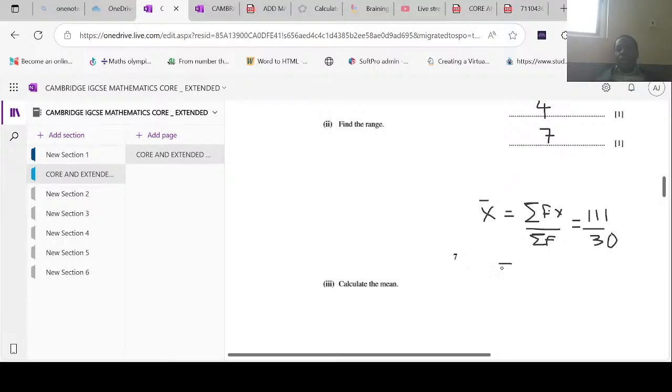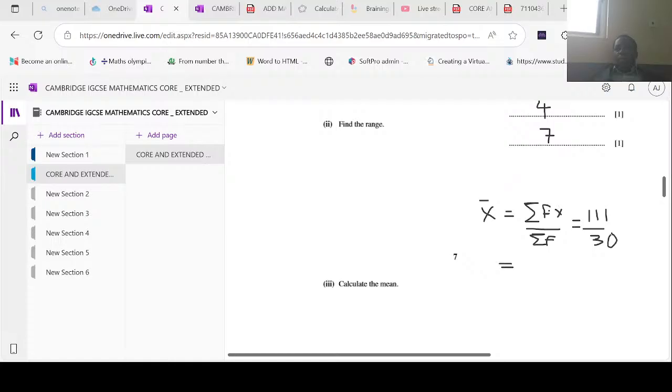So let's use a calculator to get that. 111 divided by 30 is 3.666666666.